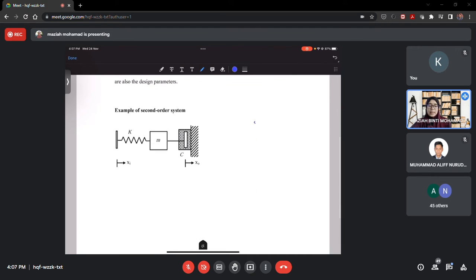An example of a second order system is the mass spring damper. Due to the mass here, the equation will be Fs plus Fd equal to m d square x. The important part is the d square here.